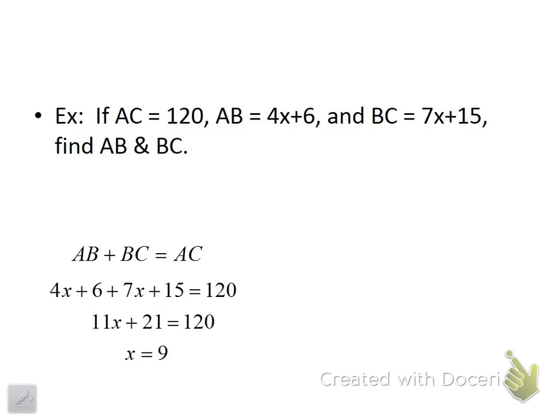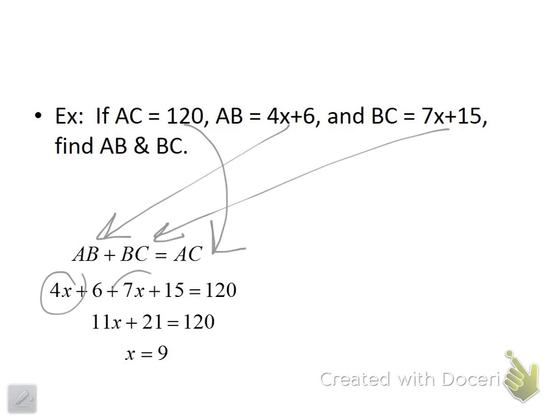Okay, if AC equals 120 and AB equals 4x plus 6, BC equals 7x plus 15, find AB and BC. So again, we had AB plus BC equals AC. So if I replace all these, AB goes in 4x plus 6, BC goes in here, and then my AC equals 120. I replaced it and just simplified.